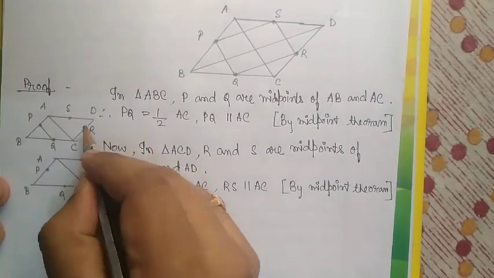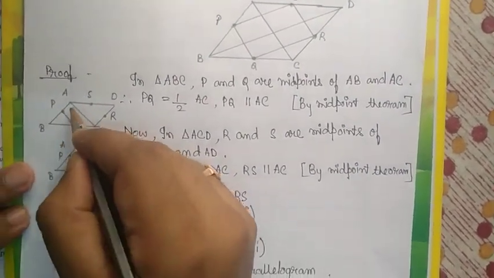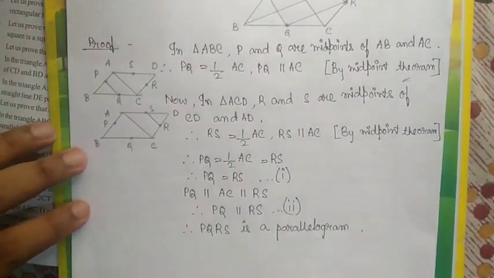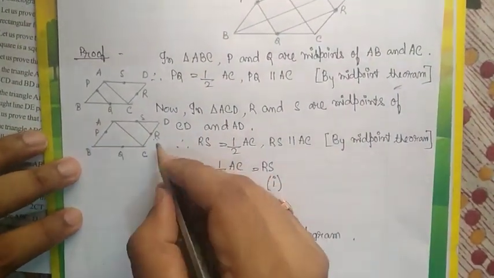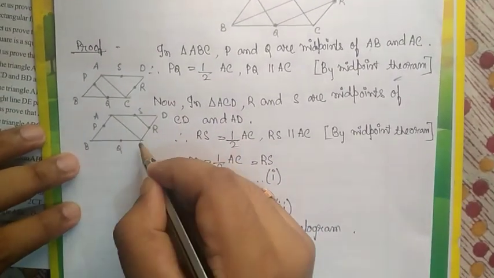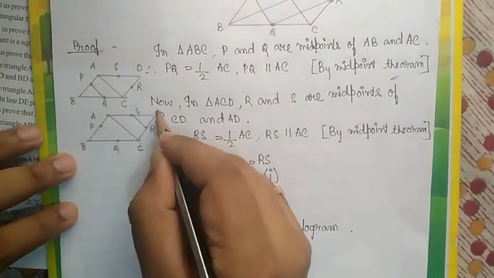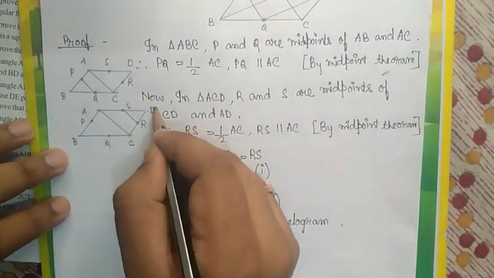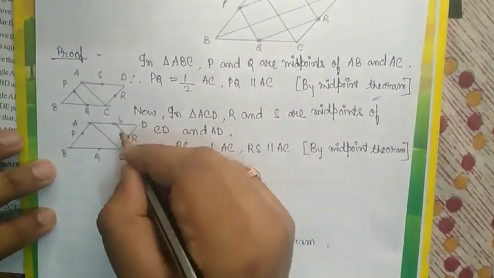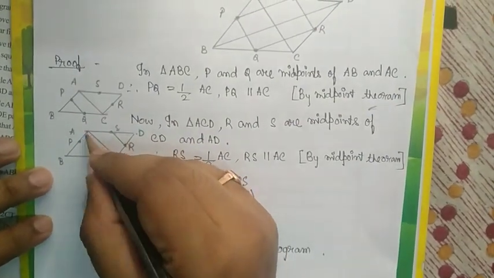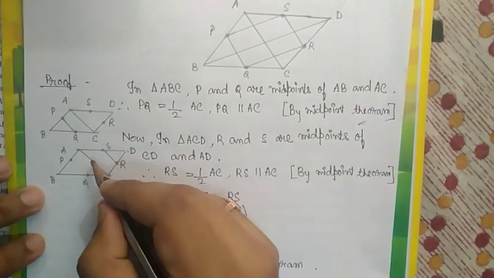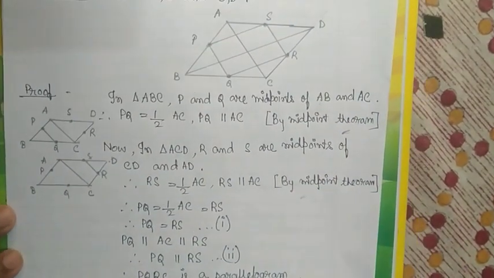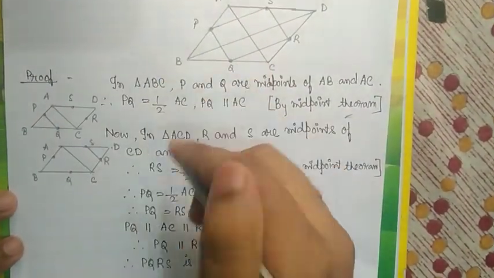So therefore PQ parallel to AC and PQ half of AC by midpoint theorem. Same as in triangle ACD, R is the midpoint of CD and S is the midpoint of AD. Therefore SR equal to half of AC and SR parallel to AC by midpoint theorem.